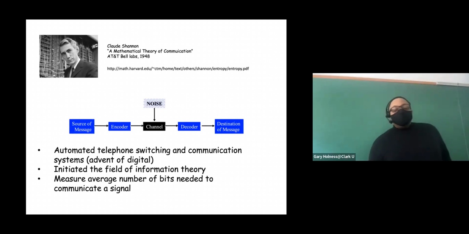And so the idea then is you pass these values over a channel, and this channel is not perfect. You get interference. If you stretch a copper wire over a long distance, any electromagnetic field nearby is going to induce a current in that wire, and that's going to come across to you as extra information that you didn't originally transmit.